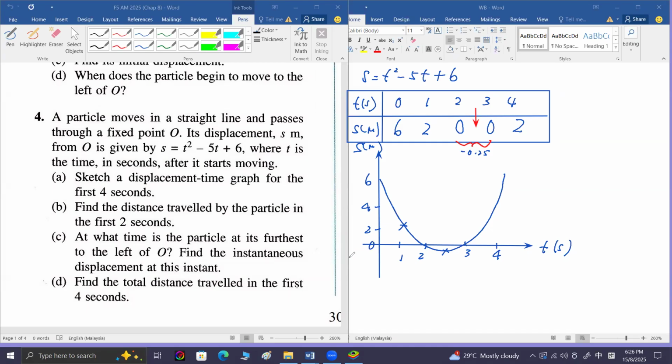So this value will show that negative 0.25. Okay. And when come to 4, it's 2 only. So means that, okay, you can draw onto here. See the value that given means for the first 4 seconds. Okay, and then class, don't forget the label. Label the graph.